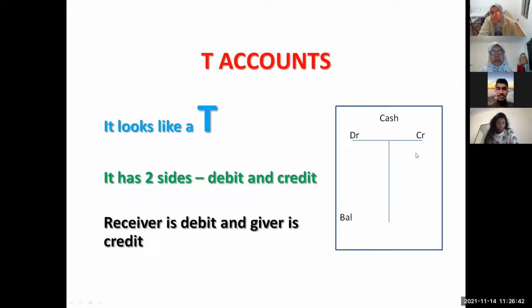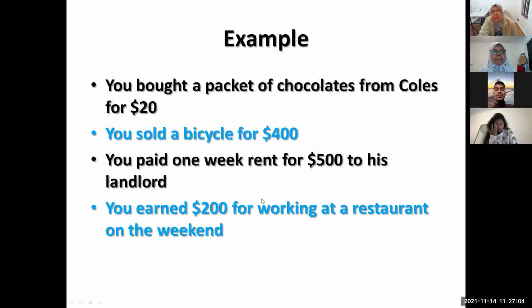When you record all the transactions and work out the balance, the T account will show the balance, and it will help you to transfer that balance to the trial balance. In every transaction, the receiver is debit and giver is credit. We have already learned that from our previous session.